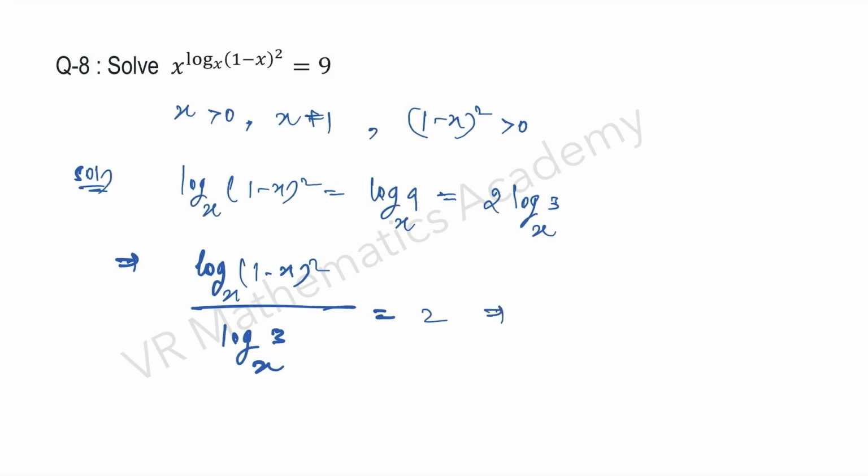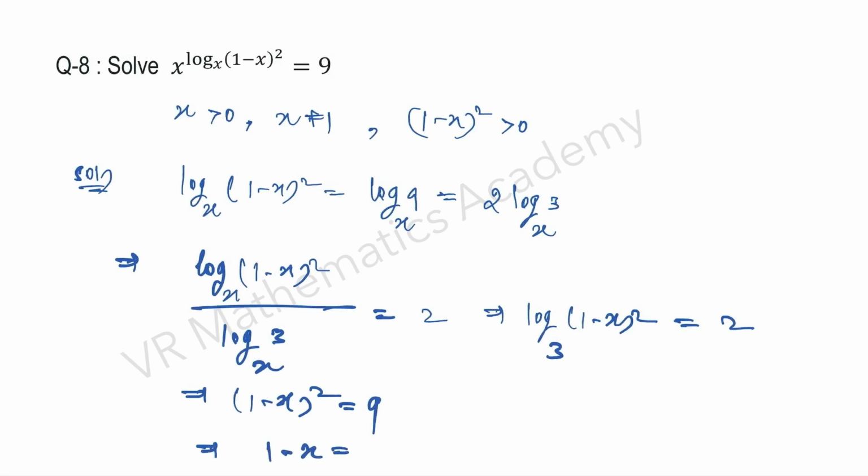Now by the law of change of base, we can write it as log of (1 minus x) whole square base 3 will be equal to 2, implies that (1 minus x) whole square will be equal to 9, implies that 1 minus x will be equal to plus minus 3.